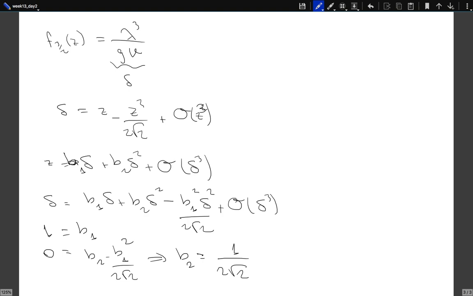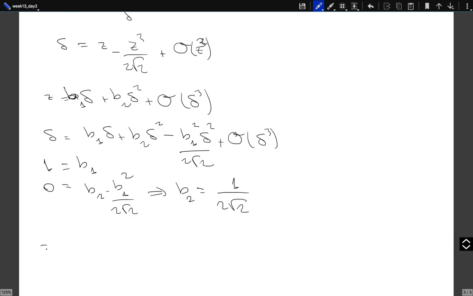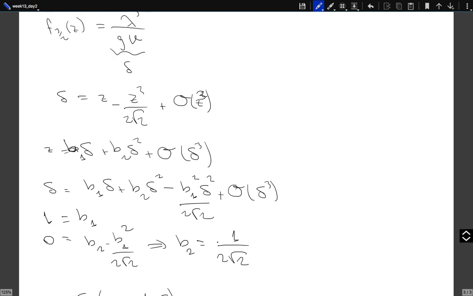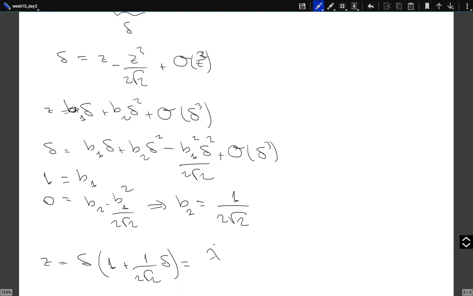In the case of the bosons, this was with a minus sign. So then we know that z is b1 delta plus b2 delta squared, where b1 is 1, b2 is 1 over 2 square root of 2, and delta is lambda cubed over g v.